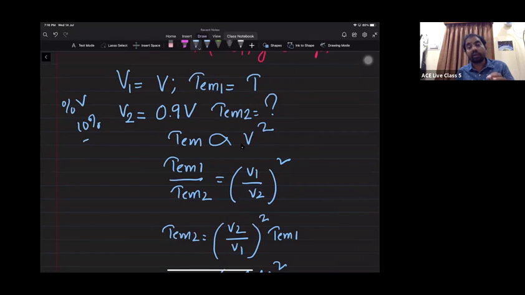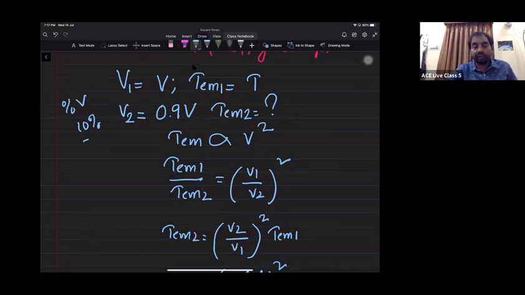This question has been asked multiple times in many exams. The input to a three-phase induction motor is reduced by 10%. Then what is the magnitude of torque? How much percentage is it reduced? It is reduced approximately by 20%. Is this clear?